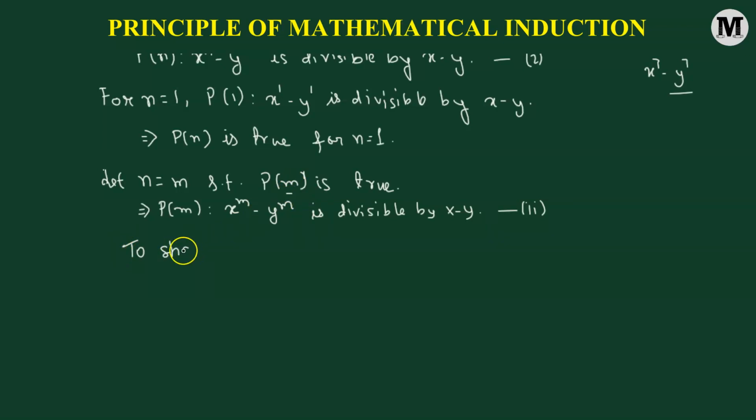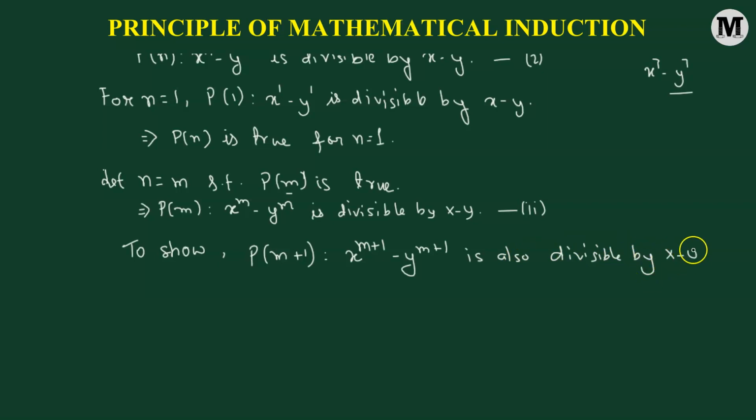Our goal will be to show that p of m plus 1, x raised to the power of m plus 1 minus y raised to the power of m plus 1, is also divisible by x minus y. Fine. Now how do we show that this is divisible by x minus y? Let's take the help of statement number 2.